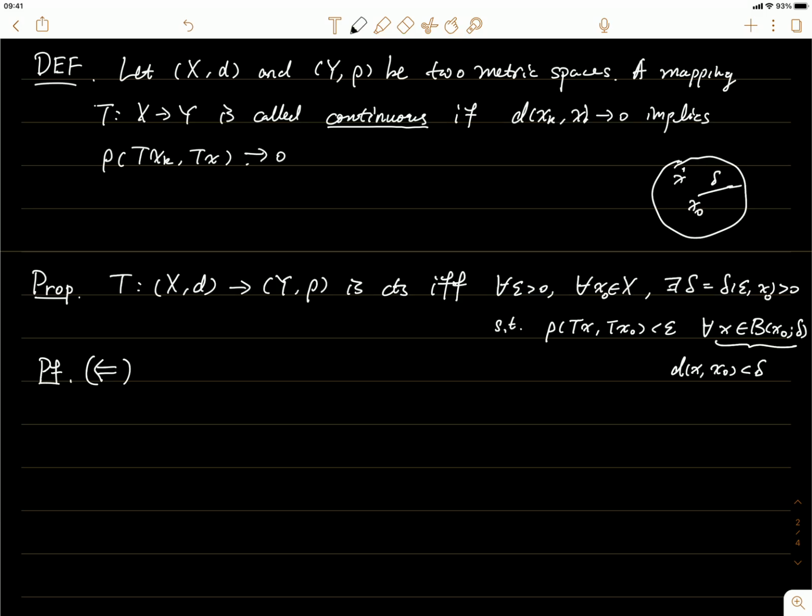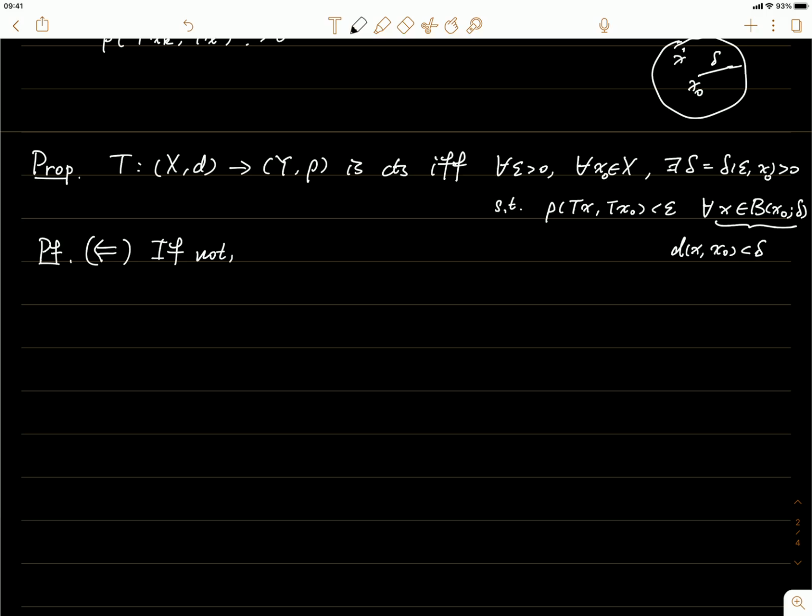Let's say if not. If it's not continuous, that means I will have a sequence of points that converge to x, but the T of xk does not converge to T of x. Okay. Let me not use this. I just directly prove this.